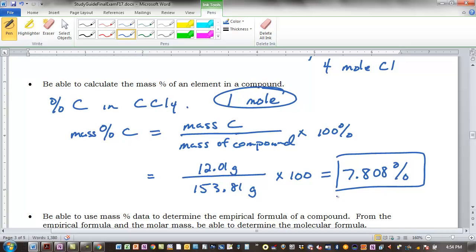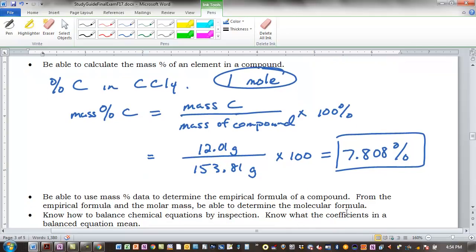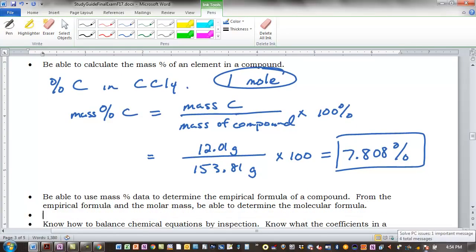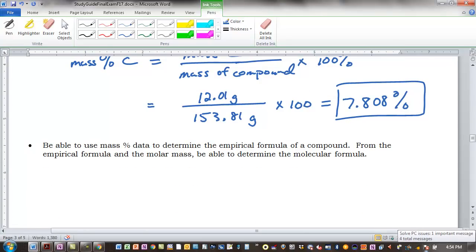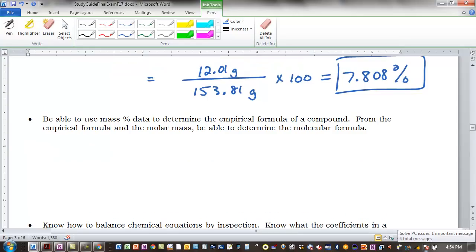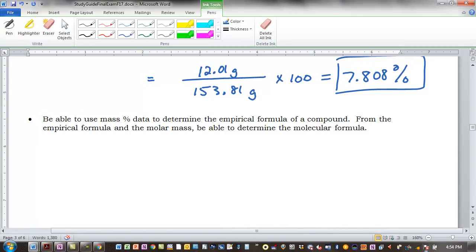And that's where your suggestion of assuming 100 grams comes in. Wouldn't you convert that percentage into grams? Yes. So do we want to do a sample calculation here for empirical formula? All right, let me see if I can come up with, let's see. Okay, let's do a simple one. So let's just do 2 elements.